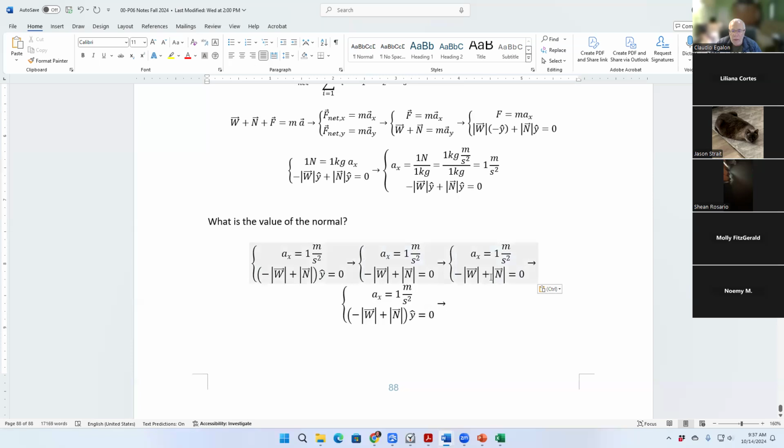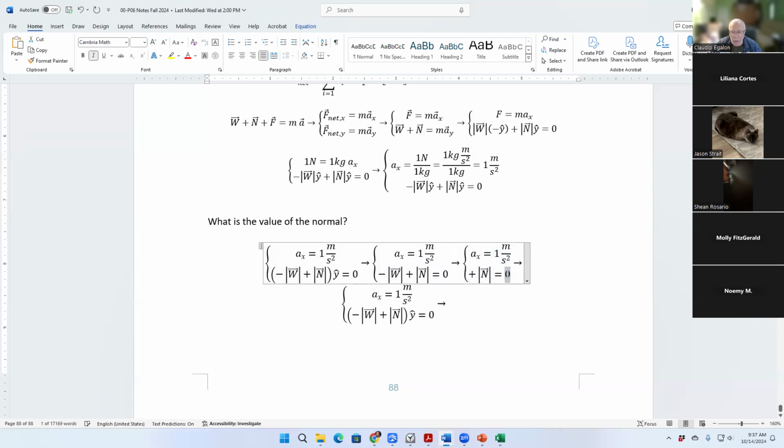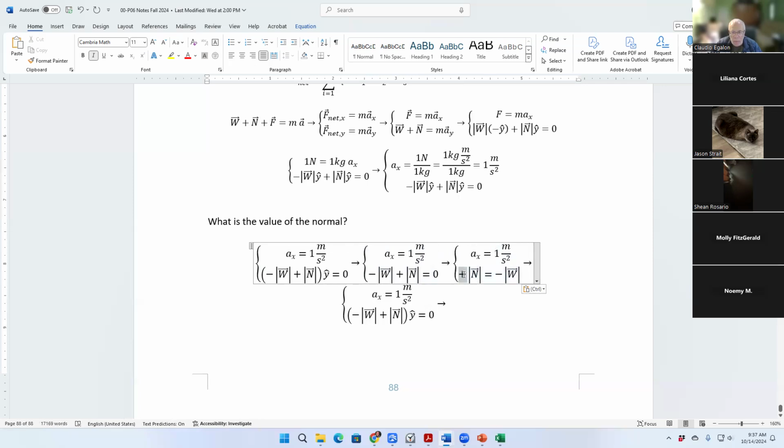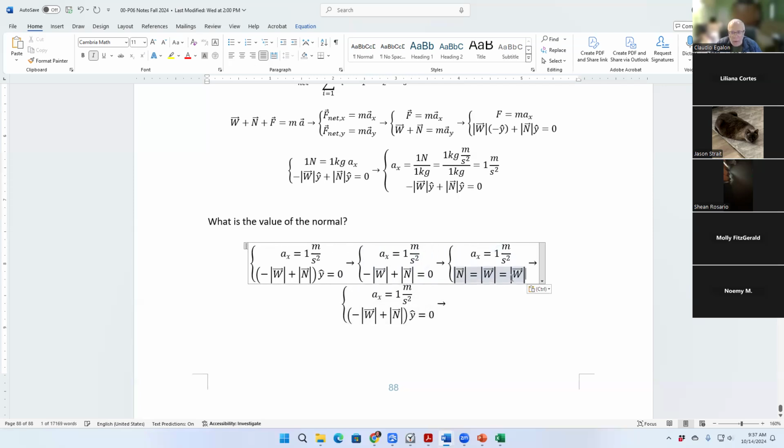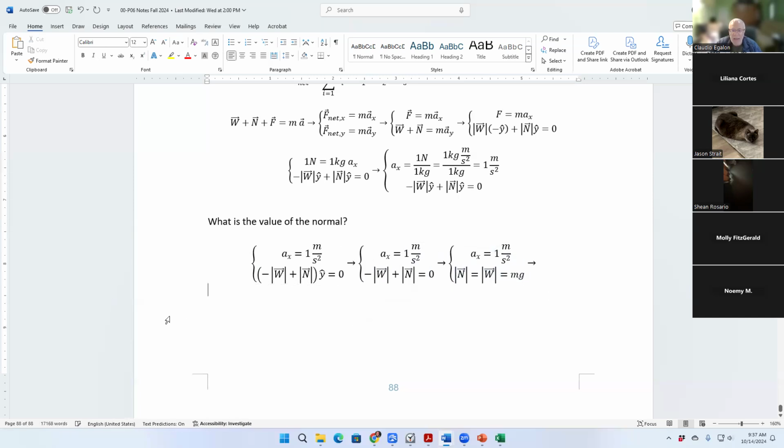Okay, so the normal ends up being equal to W, which by the way is the magnitude of W, just because this negative sign cancels out, right? Which by the way is mg. Okay, in this specific case, the normal ends up being equal to the weight.